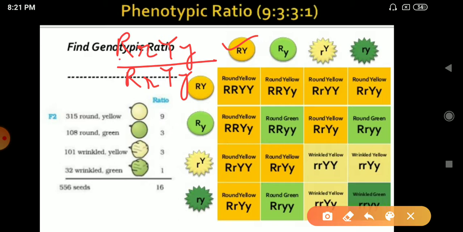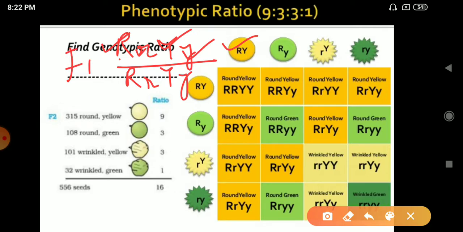That is a factor for round and a factor for wrinkle for the shape, and a factor for yellow color and a factor for green color, for the color, right? For round and yellow. Now, when it was allowed to self-breed, it's again sexual reproduction, so gametes will be formed.